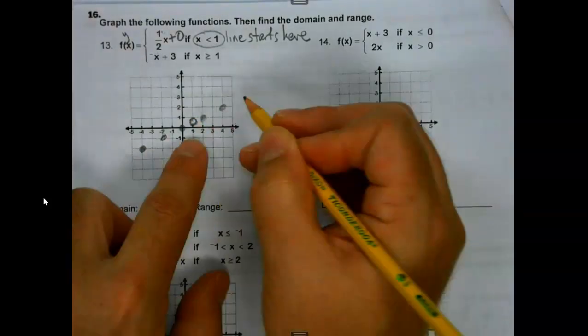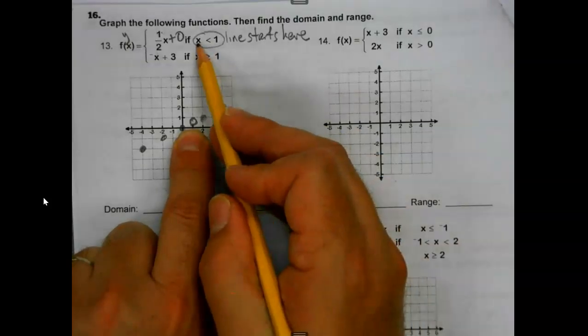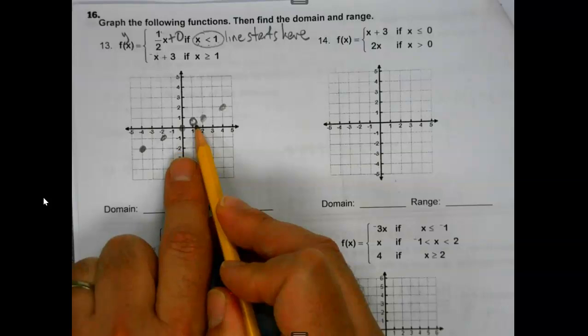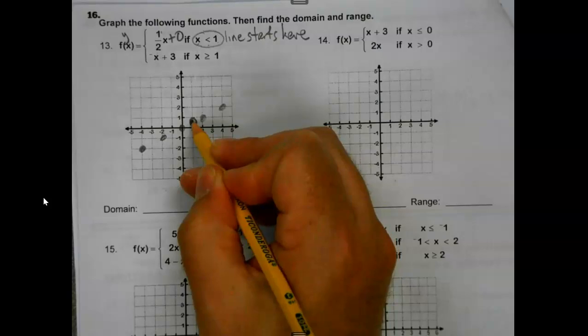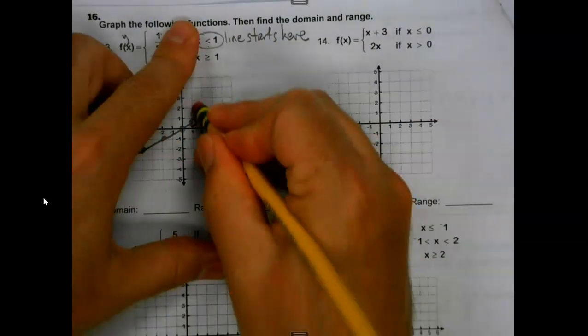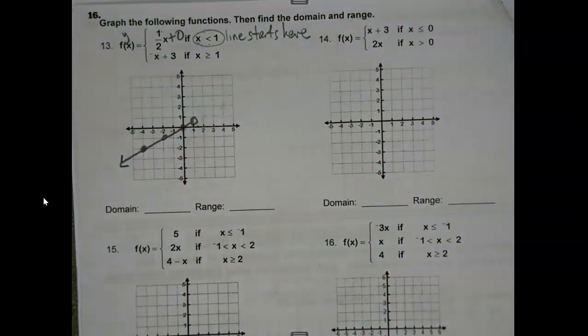If I were to put a line through here, my 1 value would probably be about here. I want the points where x is less than 1. Open circle, because I'm not including 1. Less than goes to the left. I don't want the rest of this, only that piece. So you kind of see why the pencil can come in handy here.